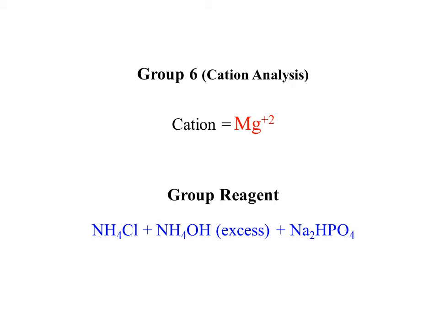The group reagent of the group 6 cation, which has the Mg2+ magnesium ion, is NH4Cl first, followed by excess NH4OH, and then Na2HPO4, disodium hydrogen phosphate. One thing I need to mention is that you should always add the reagents in the sequence in which they are listed. If it is written that we need to add ammonium chloride first, followed by NH4OH, and then H2S, we add them in that order. Similarly, for NH4Cl plus NH4OH only, we add NH4Cl first, followed by NH4OH.